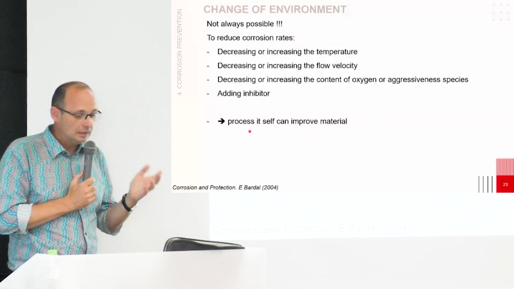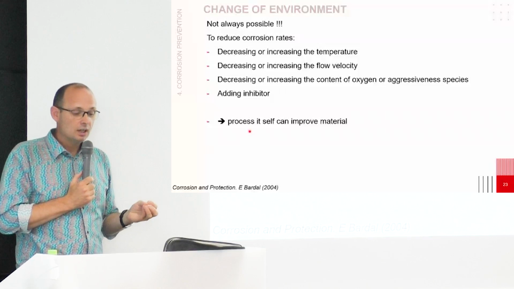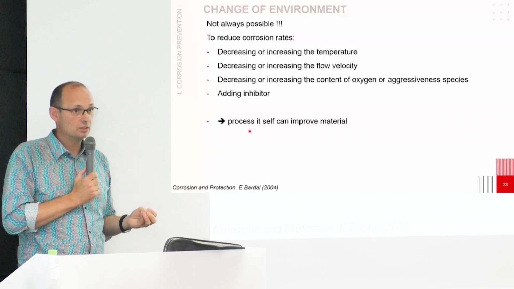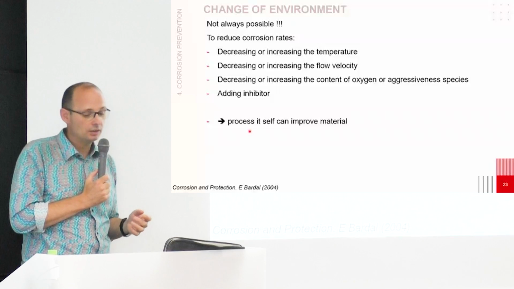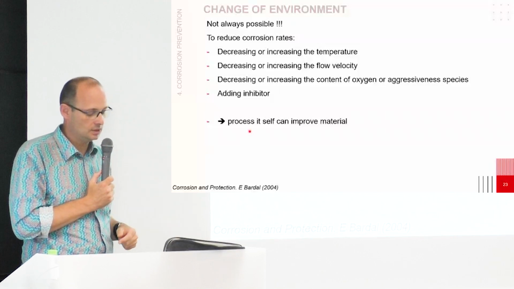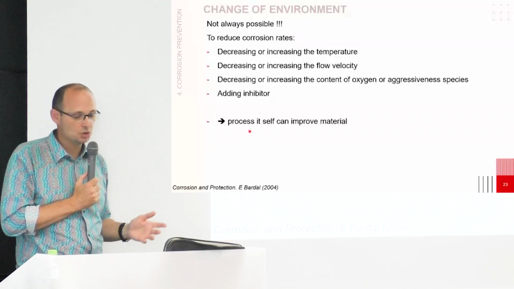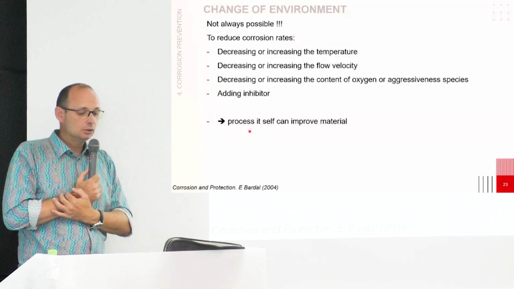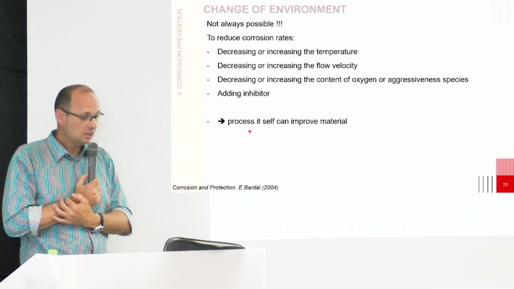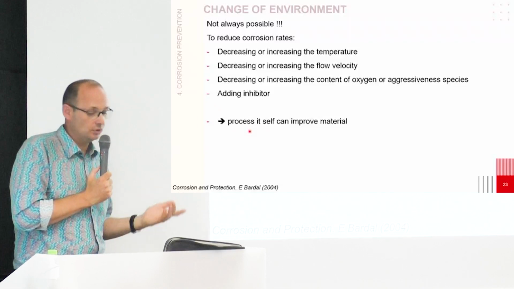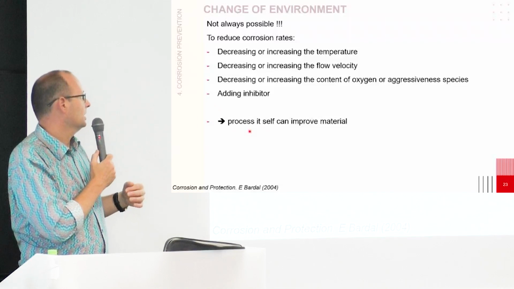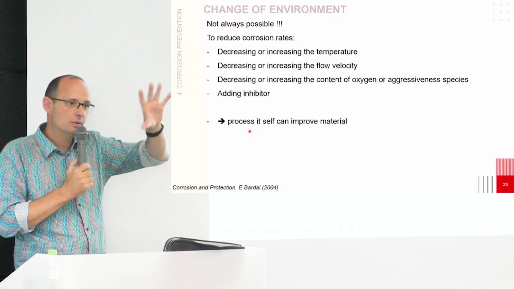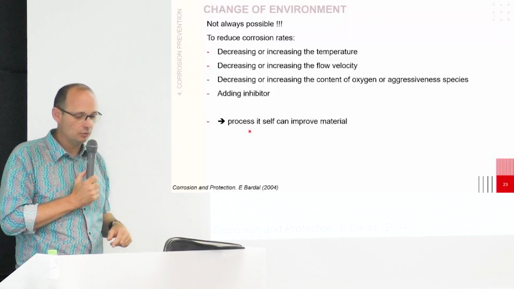But if I'm able to do it, I will play on the temperature, for example, because corrosion follows the Arrhenius law, so the activation energy is an exponential of the inverse of temperature. And I can also change the flow velocity. I can increase the content of oxygen or the aggressiveness of species. I already detailed this before.